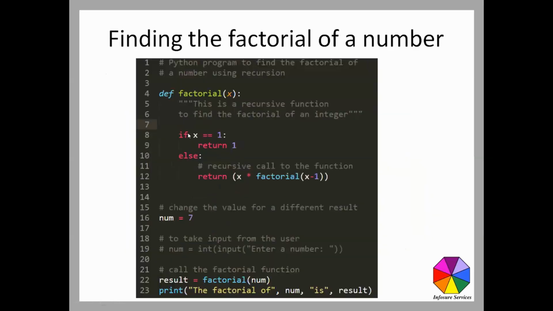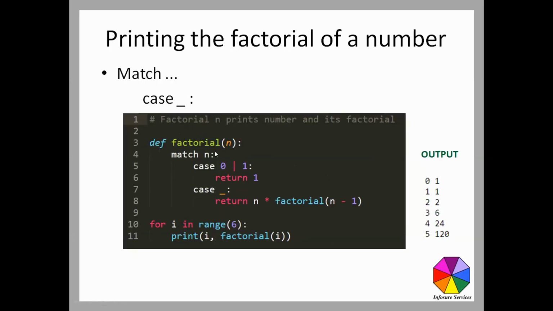Unlike in the last example, where we did if and else, this is match n colon, case 0 pipe symbol 1. Read it as 0 or 1. So 0 or 1, factorial of 0 is 1, right? So for 0 or 1, return 1.